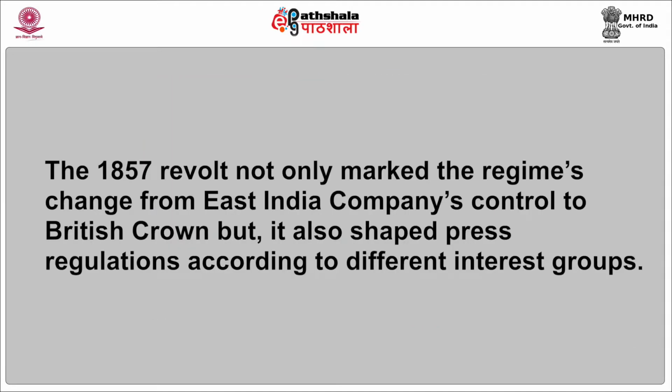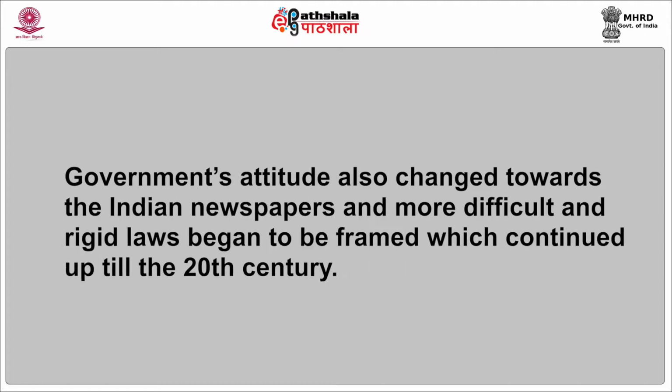The 1857 revolt not only marked the regime change from East India Company's control to the British Crown, but it also shaped press regulations according to different interest groups. The government's attitude also changed towards the Indian newspapers, and more difficult and rigid laws began to be framed, which continued up till the 20th century.